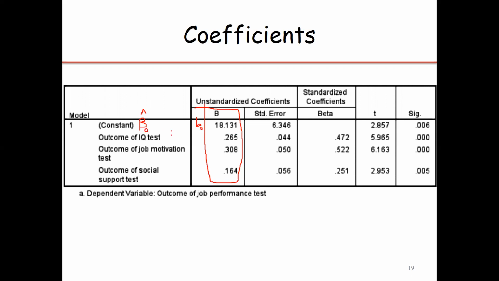And this is the estimate of beta 1. Estimate of beta 1 is 0.26. And the estimate of beta 2 is 0.308. And finally, the estimate of beta 3 is 0.164.